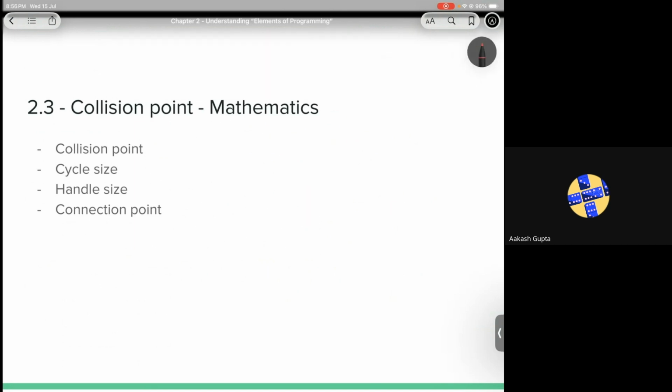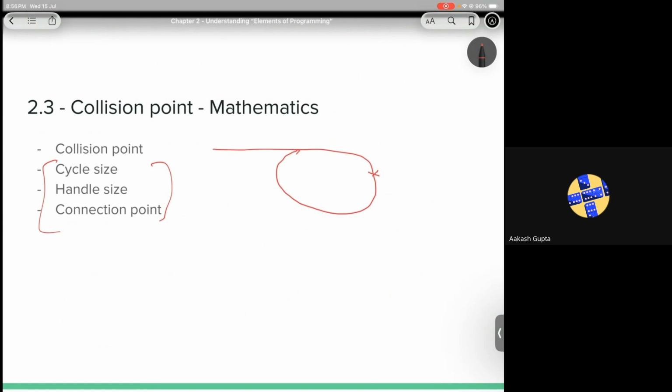We have to determine three things: cycle size, handle size, and connection point. How do we determine them? First, I will determine the cycle size, which is very easy. Let's say both the fast and slow pointers are at this position.